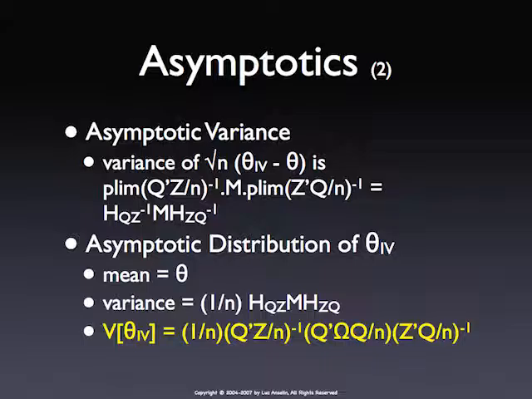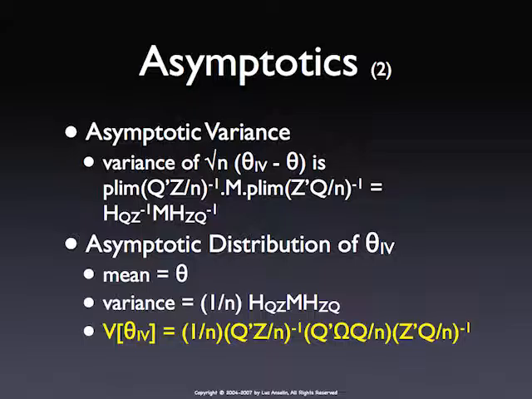This middle part here, the q prime omega q over n, that's the part that corresponds to this m thing. That's the part that corresponds to the randomness in the error term. So if we have spatial autocorrelation, this omega will incorporate the spatial autocorrelation. If we only have heteroscedasticity, this omega will incorporate the heteroscedasticity.